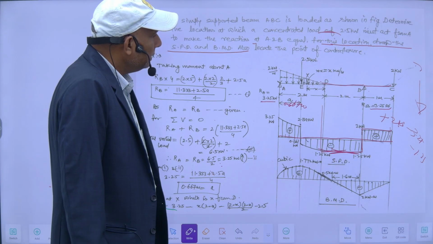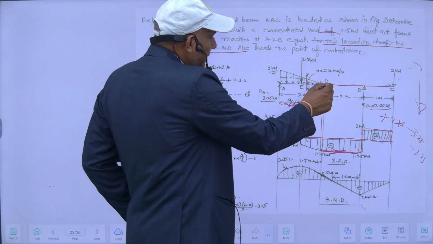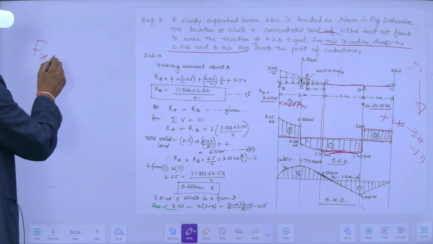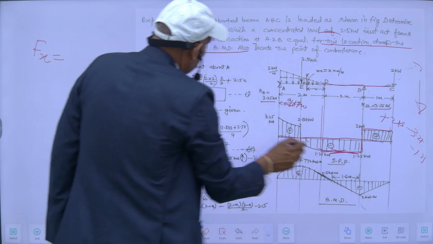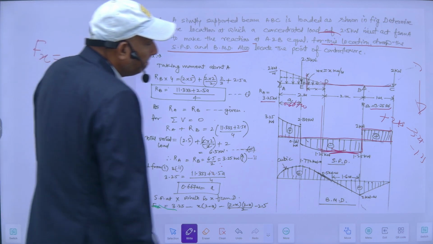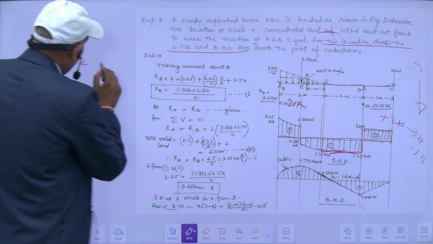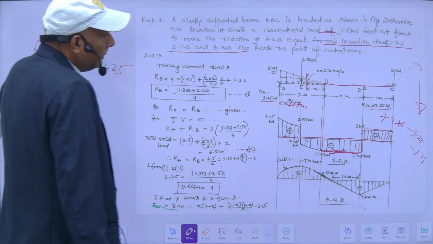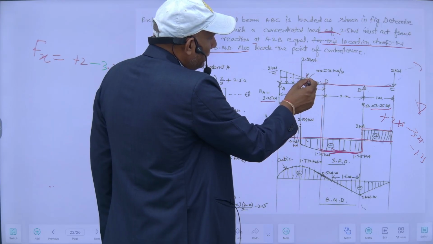If I want to know the shear force at this point, which is at a distance of x from this D, then Fx will be equal to plus 2, then minus 3.25 because of this, and the area.